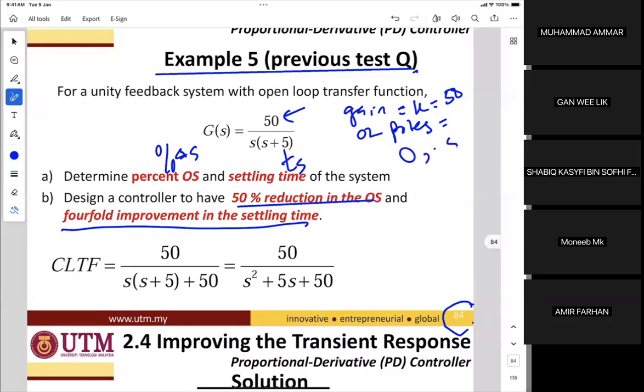Thank you. Yeah, what is the system order?